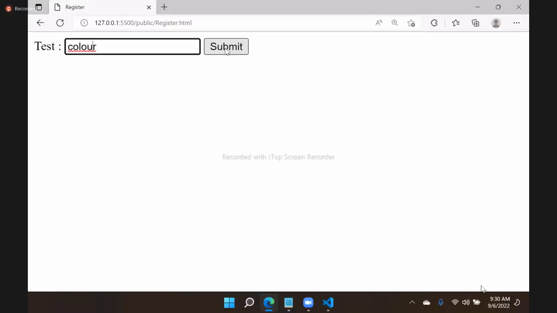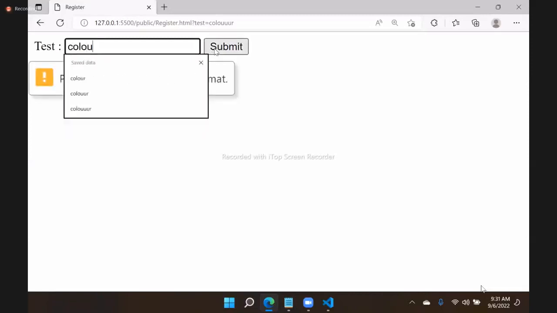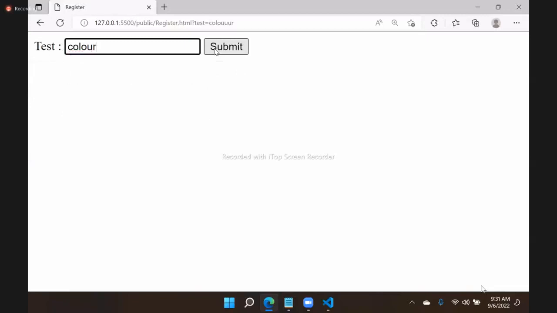And I say submit, it is working fine. It can be more than one, COLOUR. This is also allowed. Submit, it is allowing. COLOUR, that is also allowed. You can submit. But only that spelling is allowed. Suppose RRR, it's not allowed. So only the U occurrence can be one or more than one.